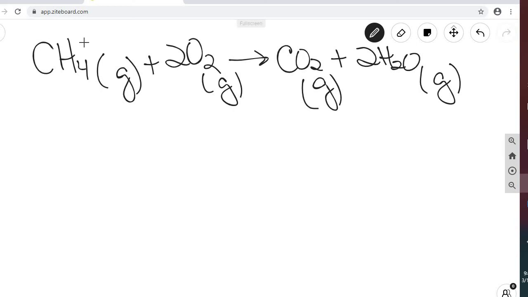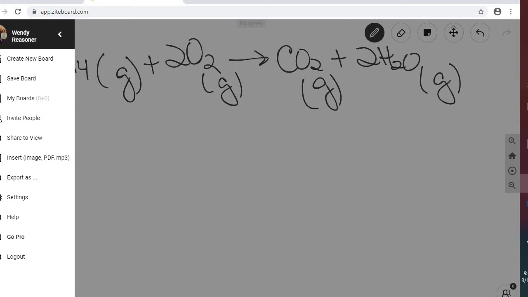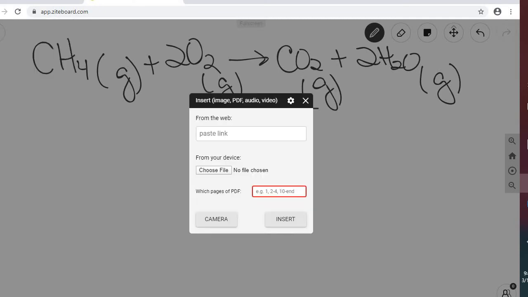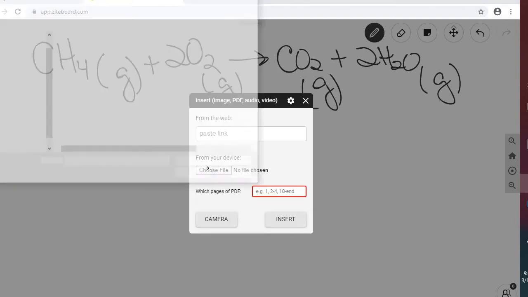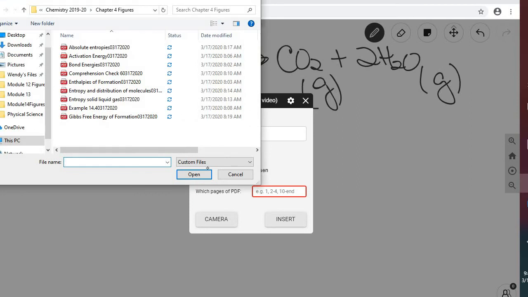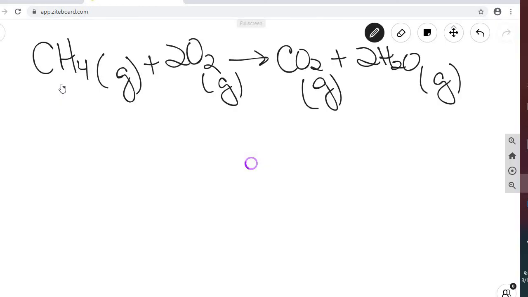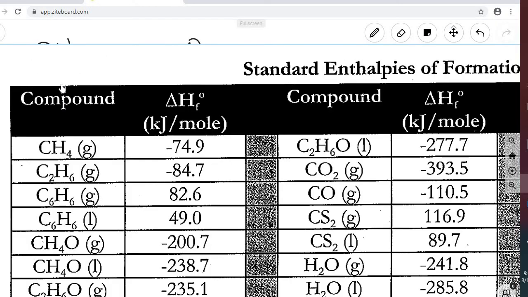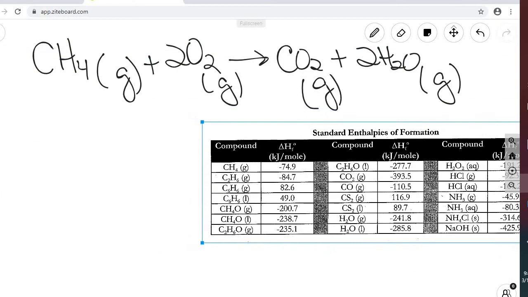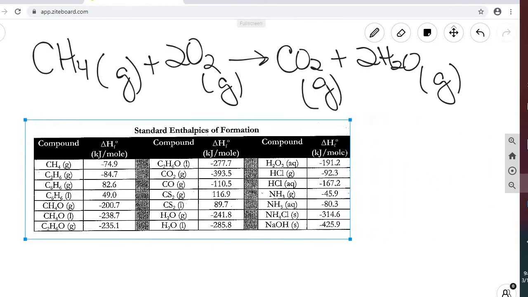So let's look at a table of standard enthalpies of formation. Let me shrink this and move it over here.